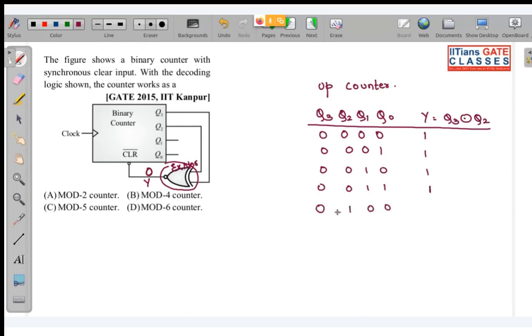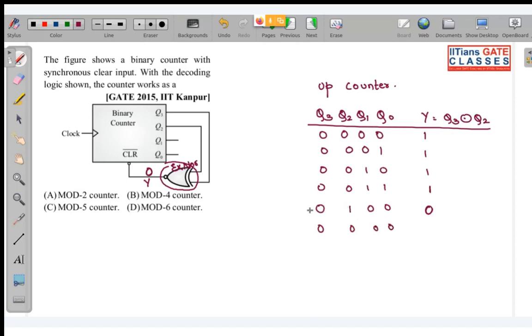Now at this time, whenever we have different input states in your XNOR, the output will be 0. The moment this is 0, clear will get activated, and all this Q3, Q2, Q1 will again go back to 0. So the next state will be 0, 0, 0, 0. Now we have to see what?